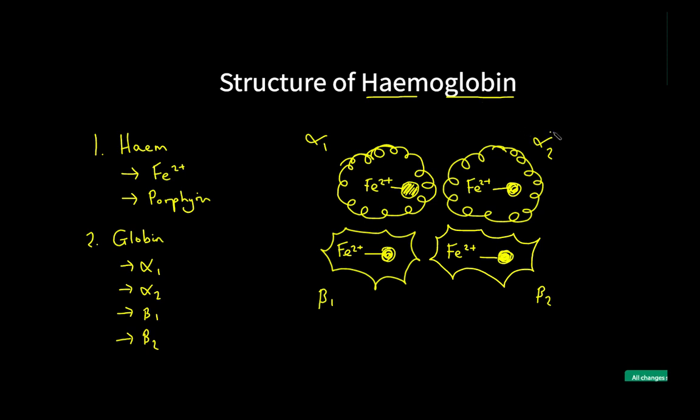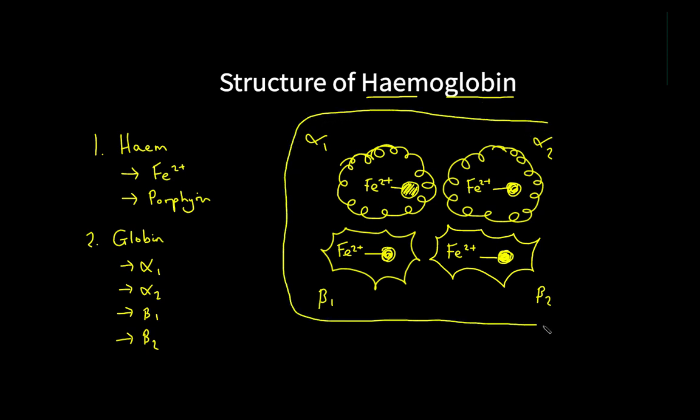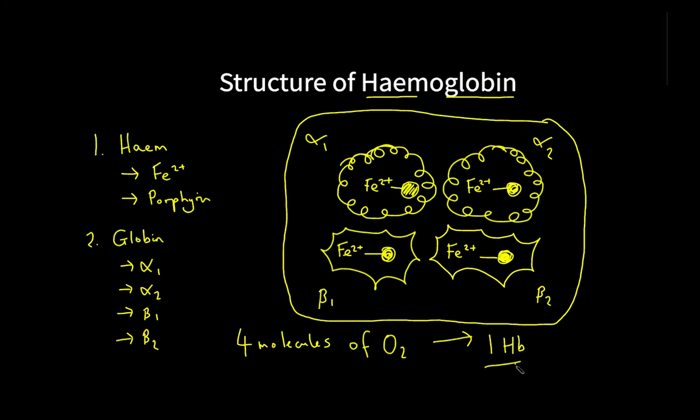So if we say this is our hemoglobin molecule, we have four heme groups, which means that for one hemoglobin molecule, we can have 4 molecules of oxygen binding. Okay, so 4 molecules of oxygen can bind to 1 hemoglobin molecule.